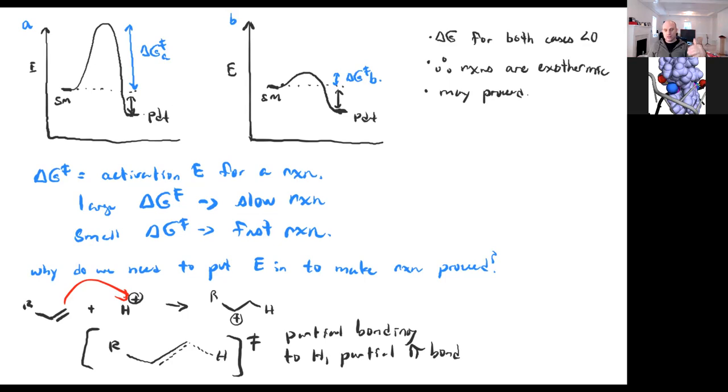A small delta G double dagger, I can get there very quickly; a large one is going to take some time. In the next segment I'll do this for the HCl radical addition, but hopefully this is starting to clarify things. These diagrams represent two things, kinetics and thermodynamics, and we need to keep that in mind when we draw them out. All right, I'm going to pause it and then restart.